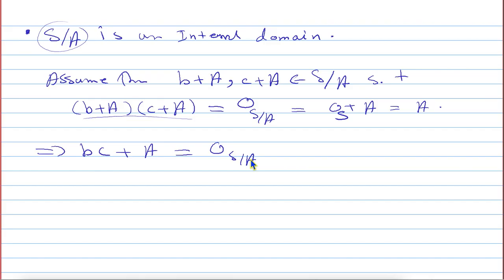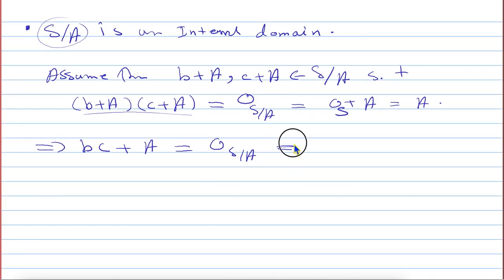Which means that BC belongs to A, to the ideal A. And A is the annihilator of R, which means for any element little r in R, we should have BC times r equal 0. This is for all little r in R.